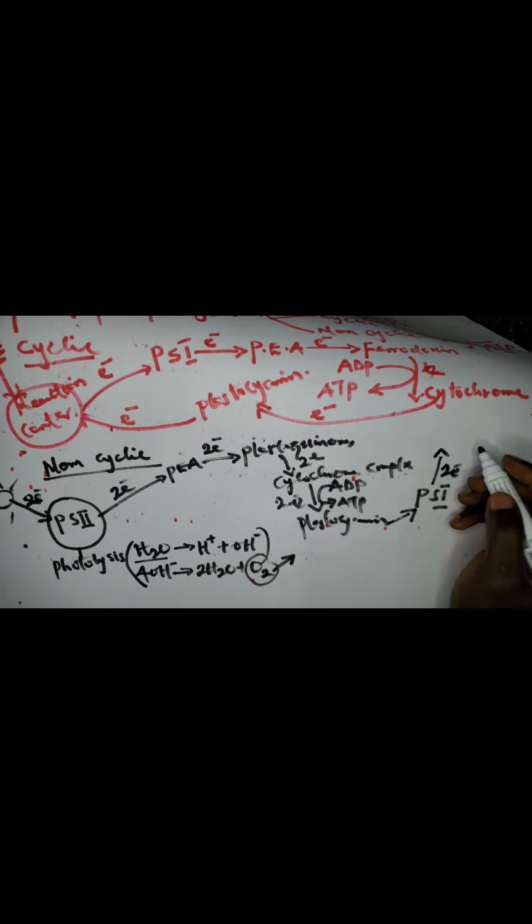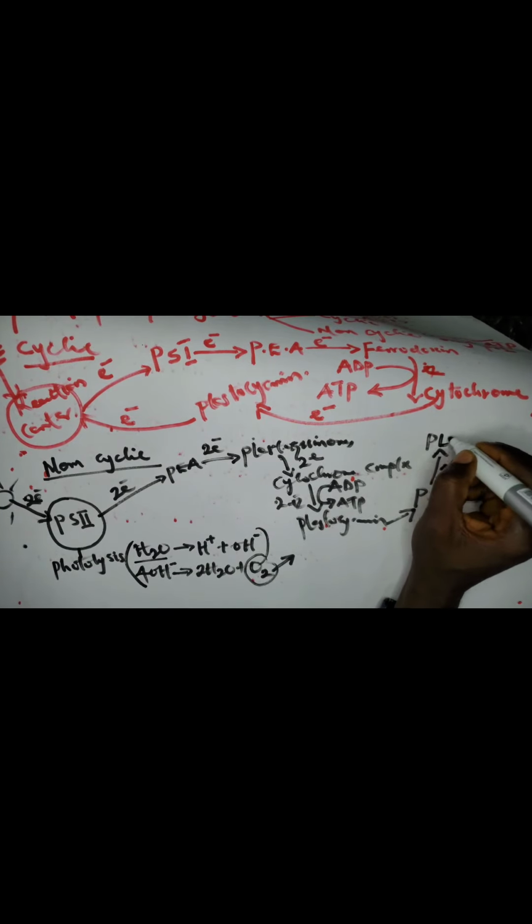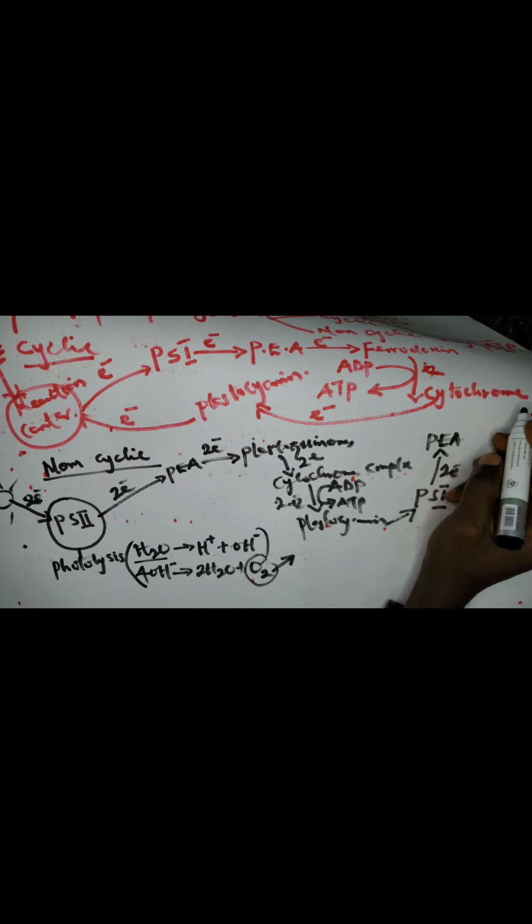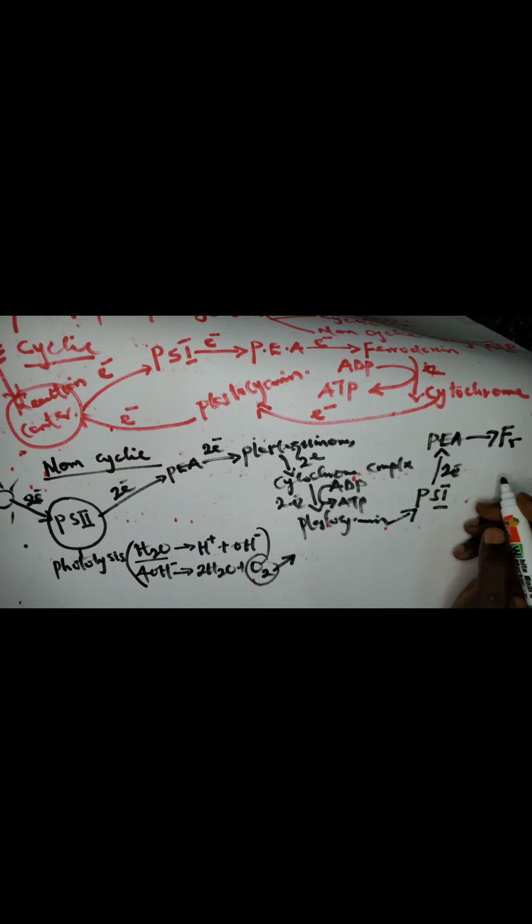From PS1, 2 electrons will also be passed to primary electron acceptor again. Then from the primary electron acceptor, it will be passed to ferrodoxine. Let me just represent with FR because that place cannot contain it. Ferrodoxine. So from ferrodoxine, it will be finally passed to your NADP.